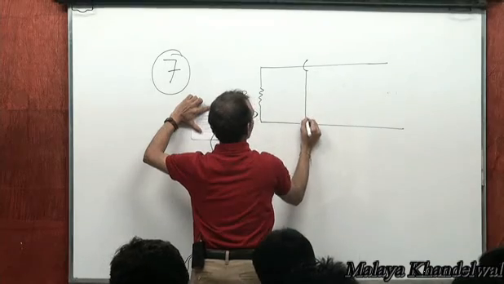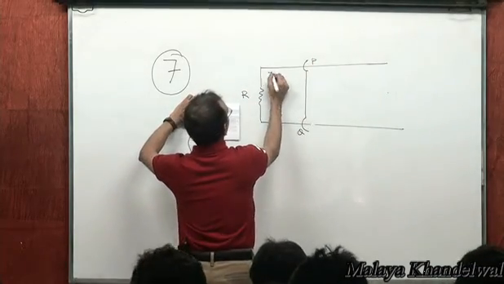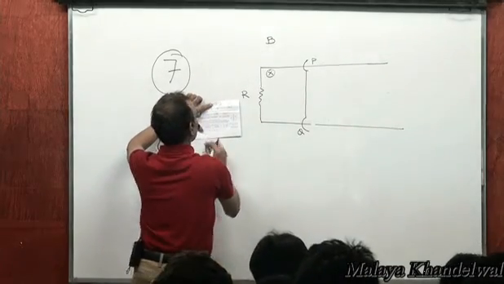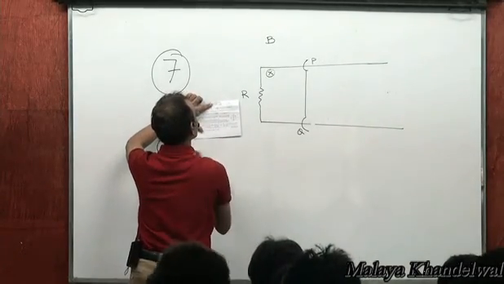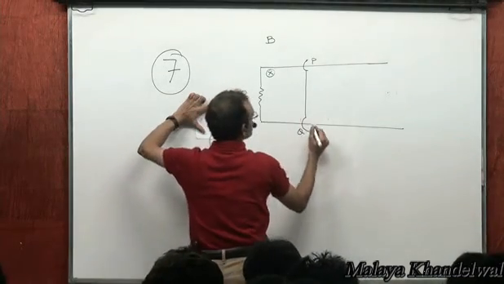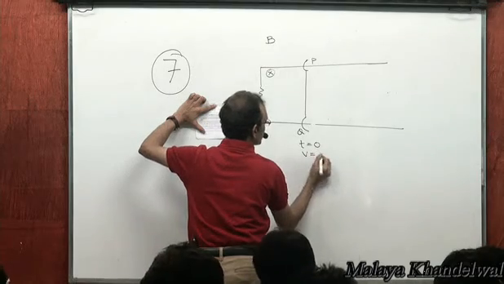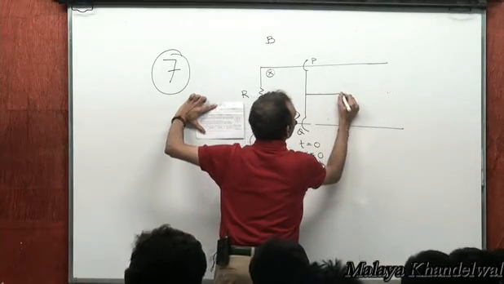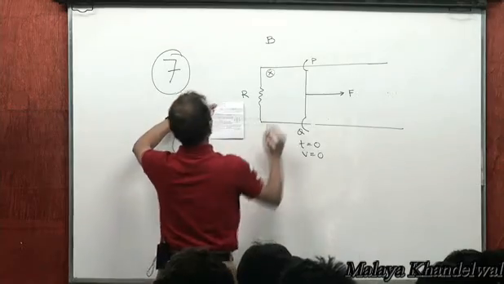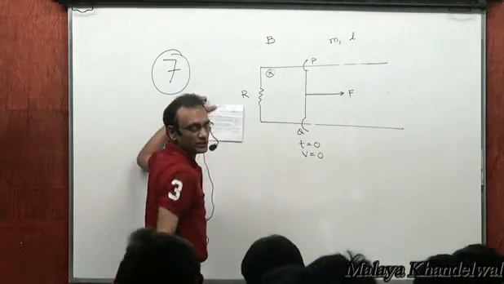There is a rod, say PQ, and this entire thing is a region of uniform magnetic field B going into the plane of the board, and this is initially at rest at time t equal to 0. Its velocity is 0, and it's being pulled with a force F. M is the mass, L is the length of this connector PQ.